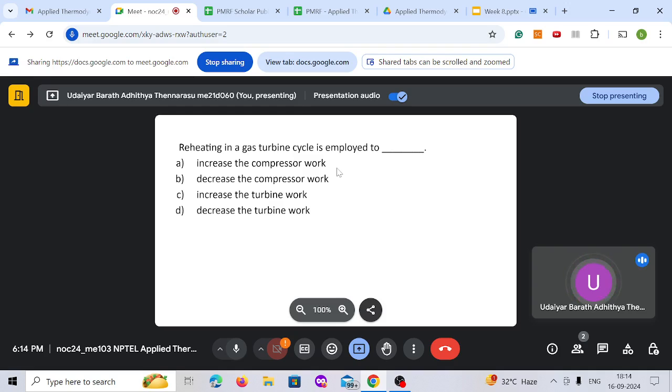If you do it in a single stage turbine, your work generated will be less compared to a two stage turbine employing reheating. The second stage gives you an additional amount of work because of reheating, so this will increase your turbine work. So the answer is option C, increase the turbine work.